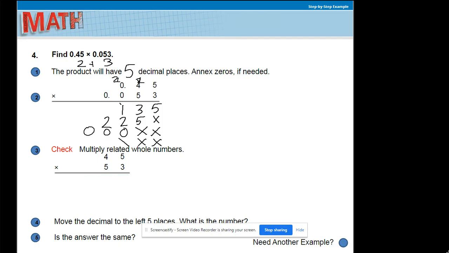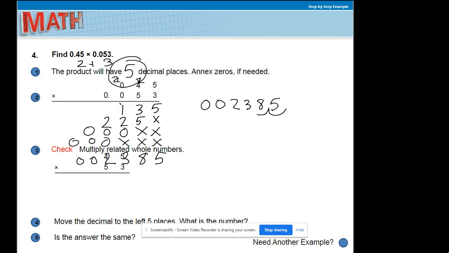Again, now we have our fourth number, so 0, 0, 0 again, and now we're going to add, so 5 plus 0 is 5, 3 plus 5 is 8, 1 plus 2 is 3, 2 plus 0 is 2, and 0 and 0.